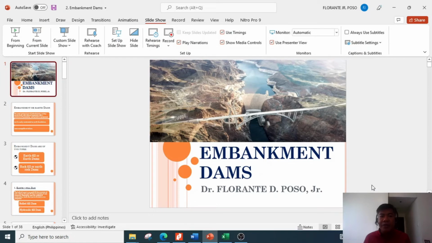So you are going to have a preview of the hydraulics part because of the water effect, and at the same time the behavior of the soil, because it is made of earth and the foundation itself is of course an earth material. With that alone you have to go back to the basics of geotechnical and water resources. That's how dam engineering is all about.